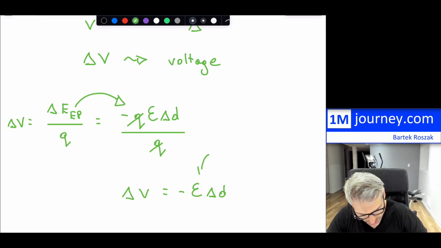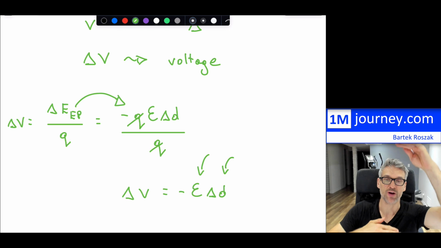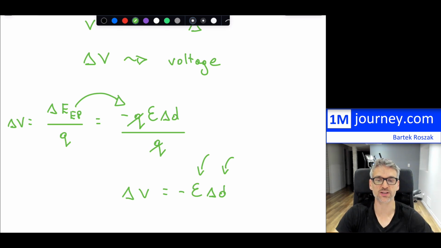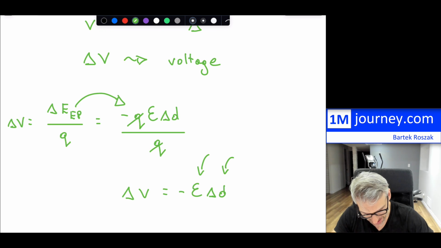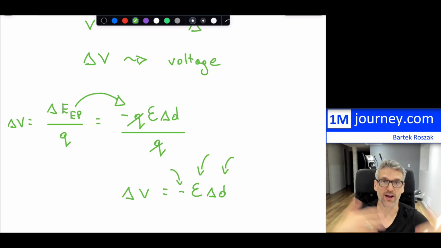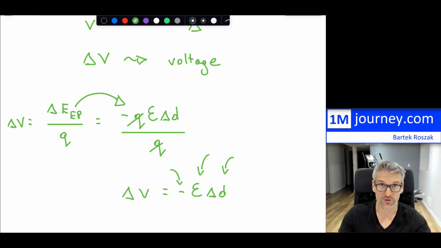strength, so the magnitude, times the displacement that you have in between the two points of interest. When you multiply these together, you're going to get the voltage difference. Now, this negative symbol is kind of annoying to have there, but it is there because we typically define it with respect to a positive charge.